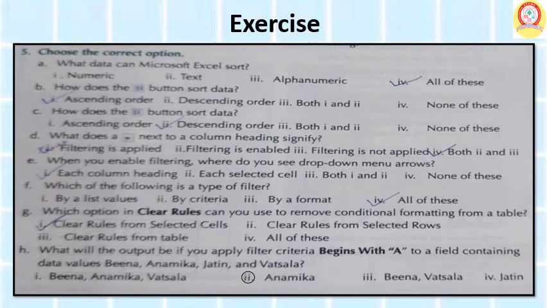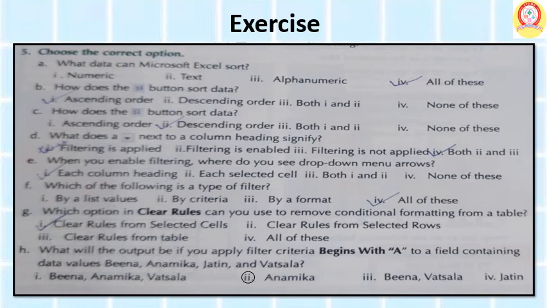D. What does the button next to the column heading signify? 1 filter is applied, 2 filter is enabled, 3 filtering is not applied, 4 both 1, 2 and 3. So it's both 2 and 3. E. When you enable filtering, what do you see? Drop-down menu arrows.